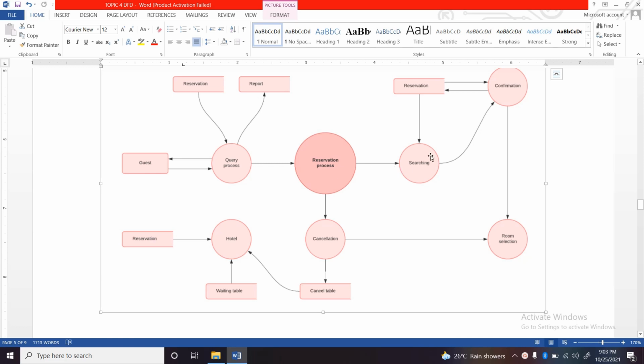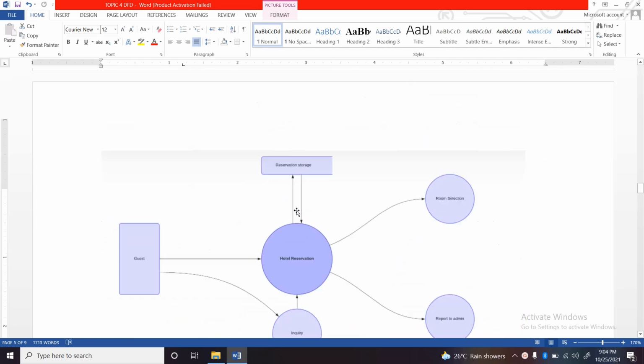We have searching, confirmation, room selection, cancellation, hotel, and also the query process. We also have 6 data stores: the reservation, report, reservation, waiting table, cancel table, and reservation again, and another entity which is also a guest. And as you can see, all of the data flows are interconnected with each other.